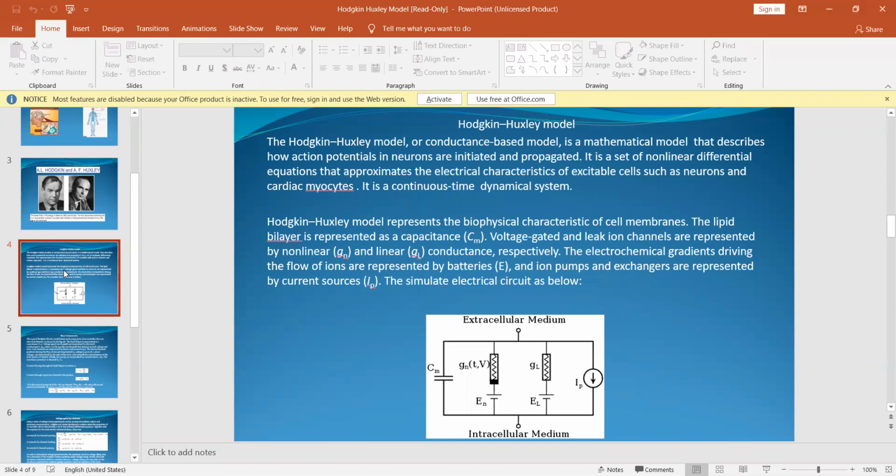It is a continuous-time dynamical system, and the Hodgkin-Huxley model represents the biophysical characteristics of cell membranes. It can be simulated as an electrical circuit, as in the picture below.